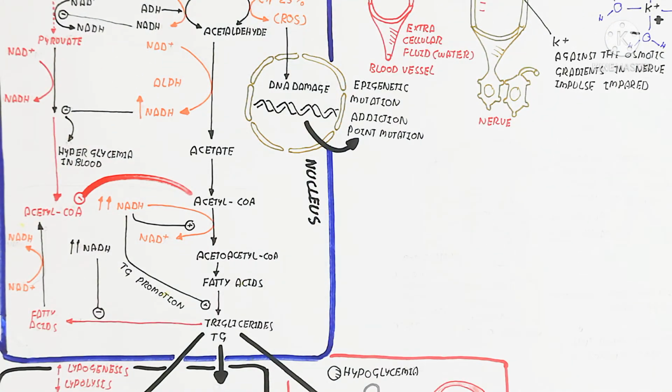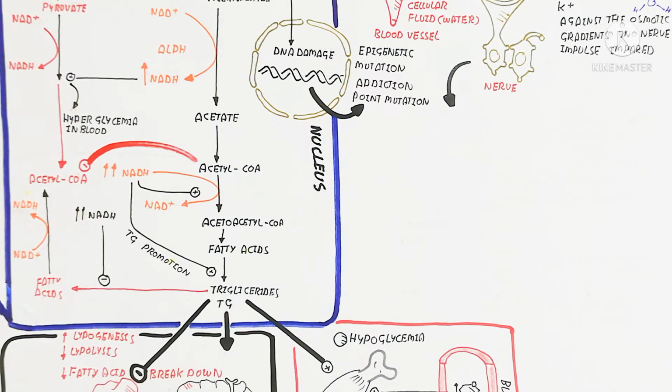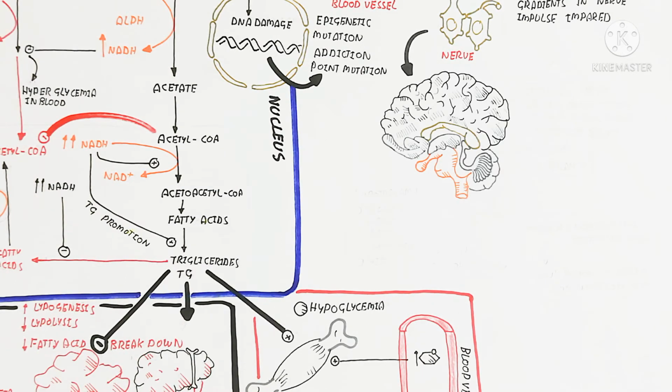All these things happen because sodium and potassium must remain balanced in our nervous system. And water is required: the brain has 80 to 90% water content for normal function.